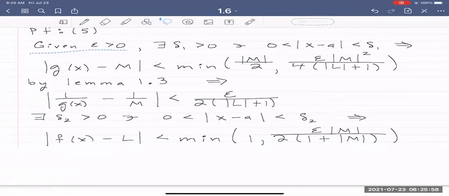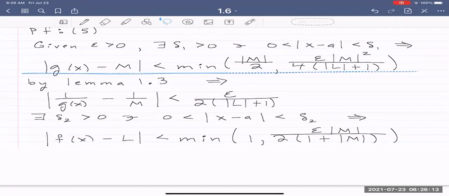5. Given epsilon greater than 0, there exists a delta 1 greater than 0, such that x minus a in absolute value between 0 and delta 1 implies that g of x minus m in absolute value is less than the minimum of the absolute value of m over 2 and the quantity epsilon times the absolute value of m squared divided by the quantity 4 times the quantity absolute value of L plus 1.